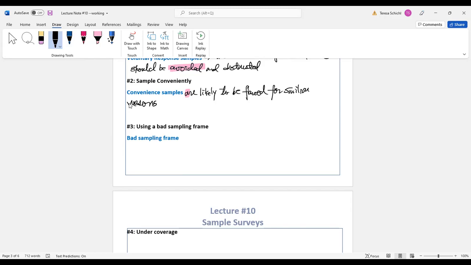For example, if you want to ask a school district's parents about a certain policy, maybe during parent-teacher night, you just stand at the front door and ask parents for their opinion about certain policies. This is what we call a convenience sample. What type of bias do we inherit here?